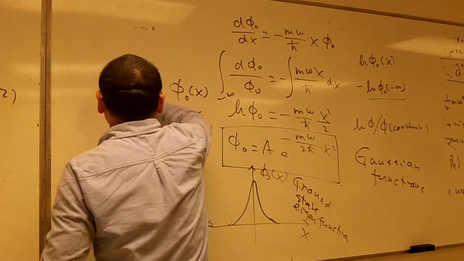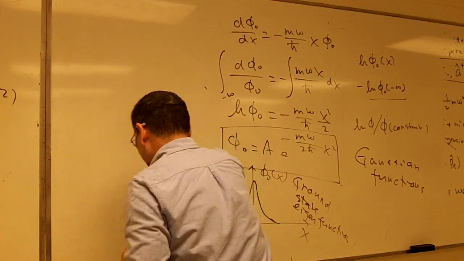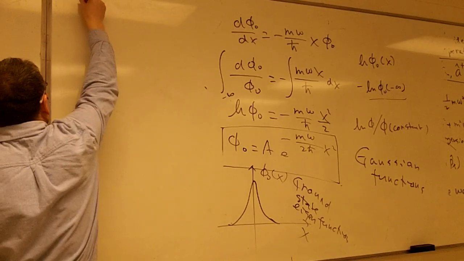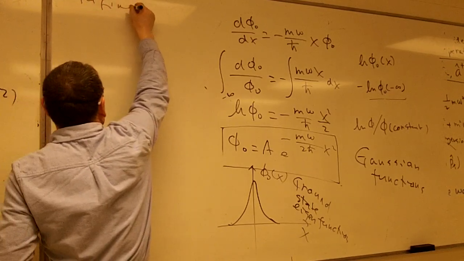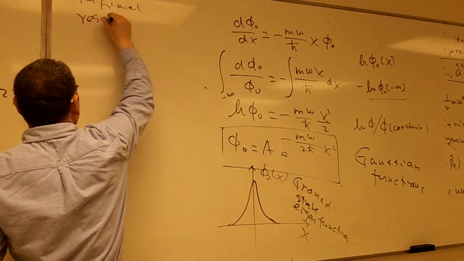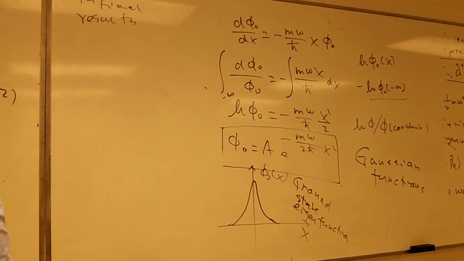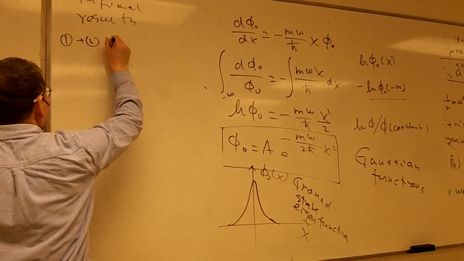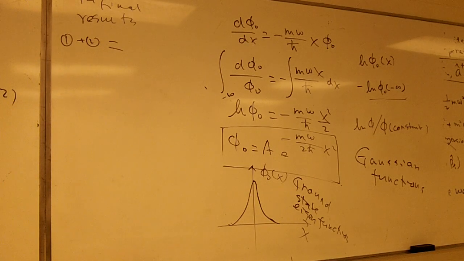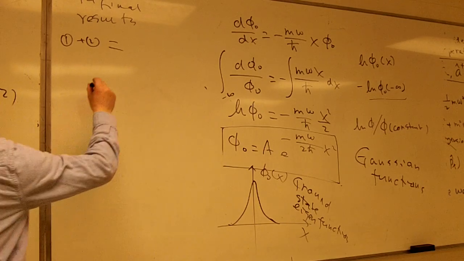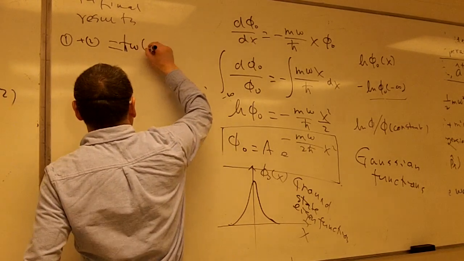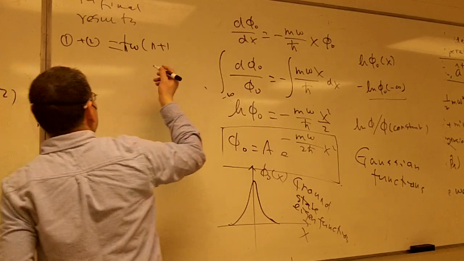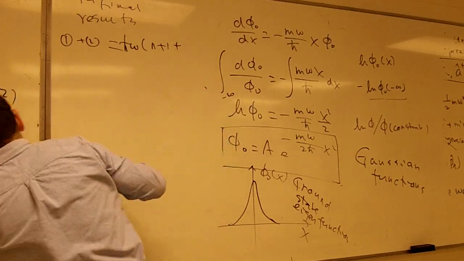Once I add these two terms up, that's the final result. So the final result, step 4. Our final result is just 1 plus 2. It's going to equal h bar omega, n plus 1, n plus 1 moved to the front, same thing, plus 1/2 over here.